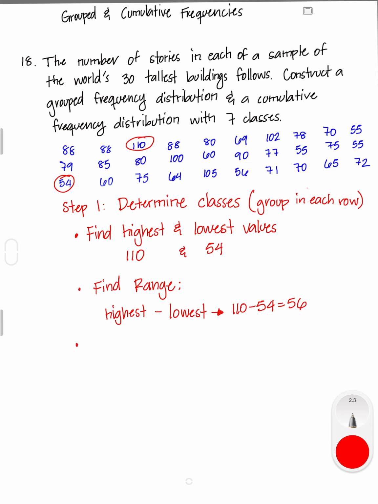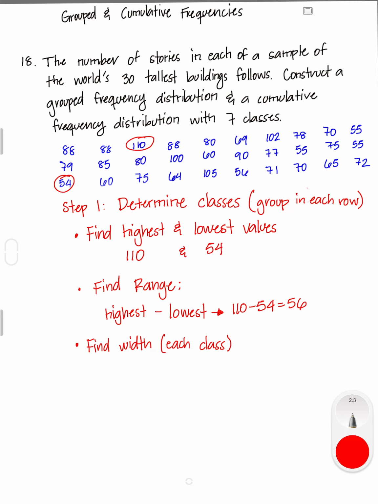Now the next step is to find the width of each class. The width is how many values we're going to have in each of the groups. This value has to be consistent and the same in all of the groups, in all 7 classes.